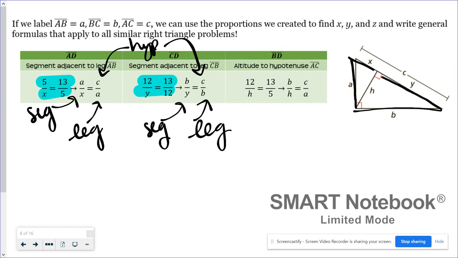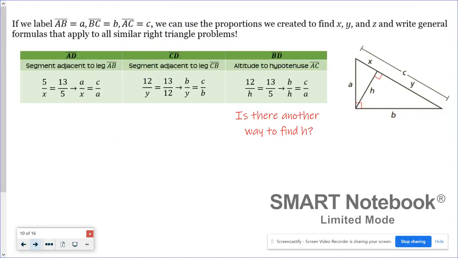When it came to that third proportion you created to find H, that altitude, I asked you, is there another way? Because if you look at this, ultimately they're relating the altitude H to all three sides of the original right triangle, A, B, and C. So that's 4 known values, all different.